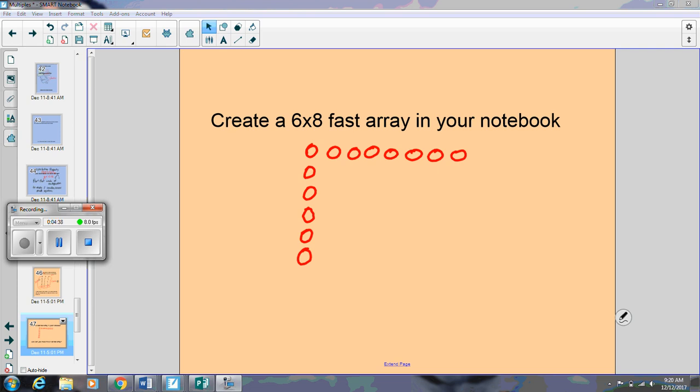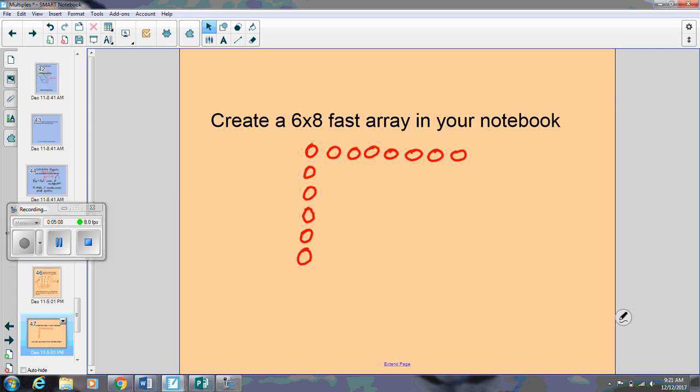We don't need to just count every single dot. We know better math than that. We have better math skills. We can just create the outline of an array and then skip count. We can skip count rows, we can skip count columns, whatever works for you.